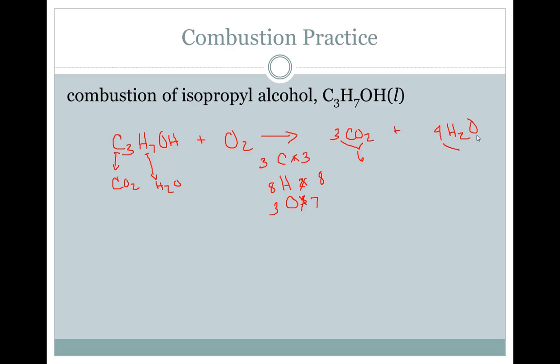And that brings my oxygen over here up to 4, which brings my grand total up to 10. Now I have 1 embedded, so 10 minus 1 is 9. There's no way I'm going to make 9 oxygens out of this because it has to be an even number when I'm done. So I can multiply this by 9 halves and then multiply everything by 2.